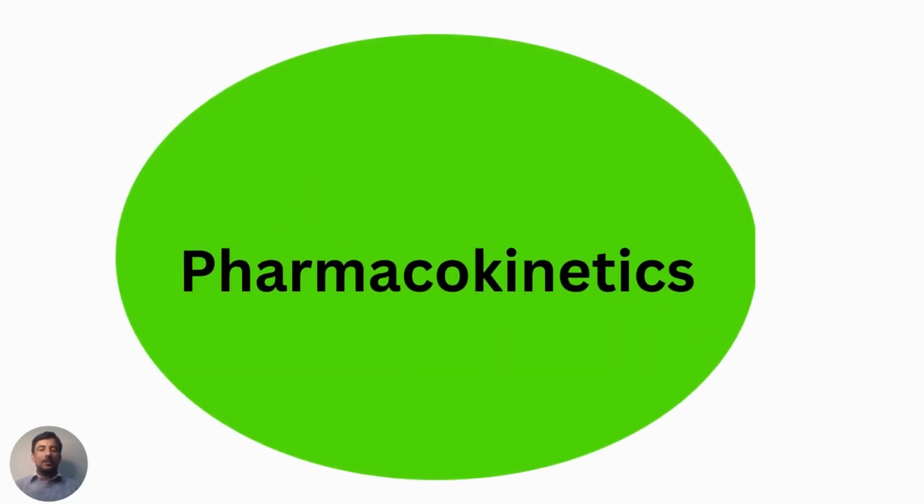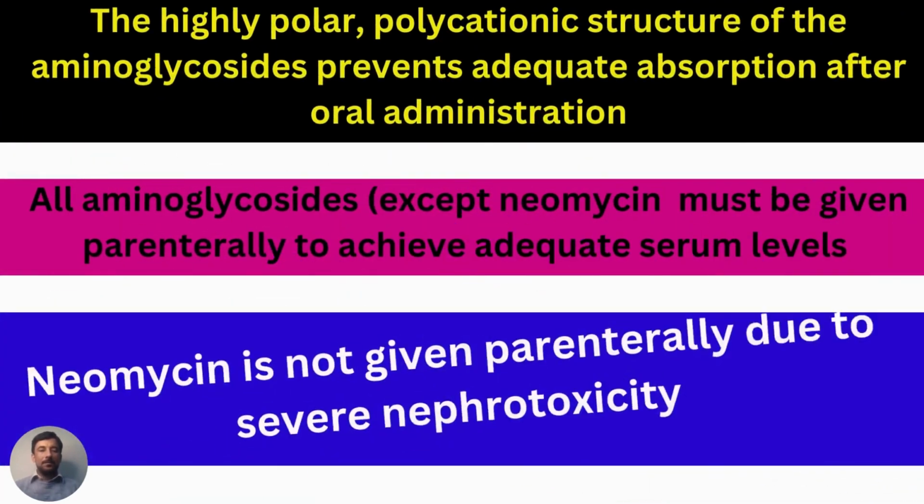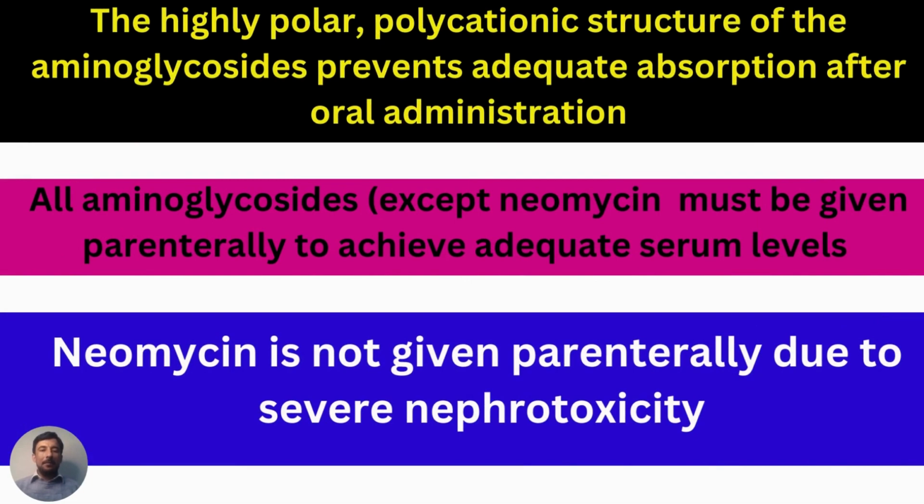Now, coming towards the pharmacokinetics of these aminoglycosides. The highly polar polycationic structure of the aminoglycosides prevents adequate absorption after oral administration. All aminoglycosides except neomycin must be given parenterally to achieve adequate serum levels.